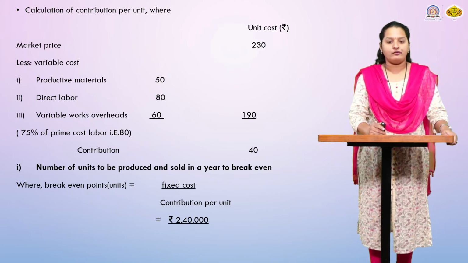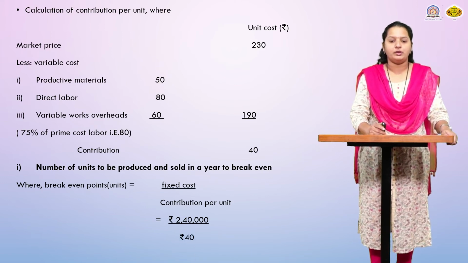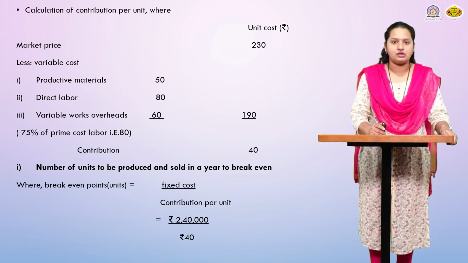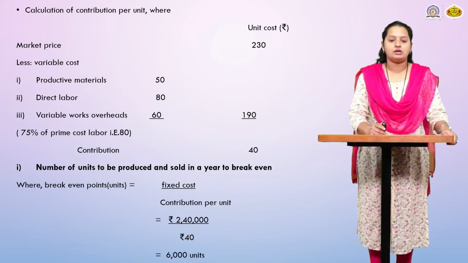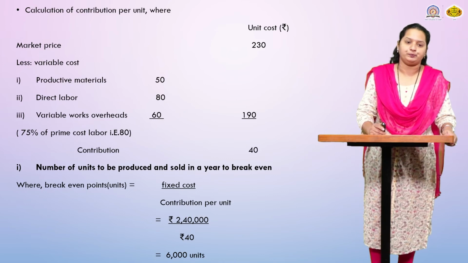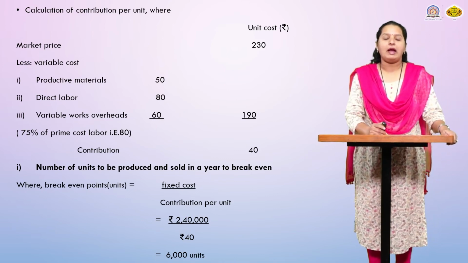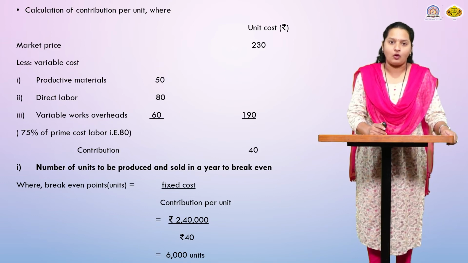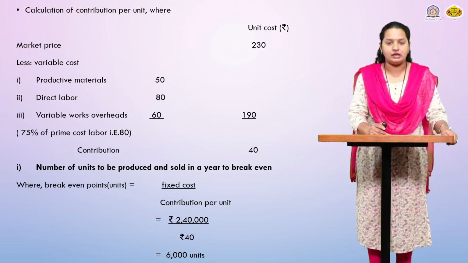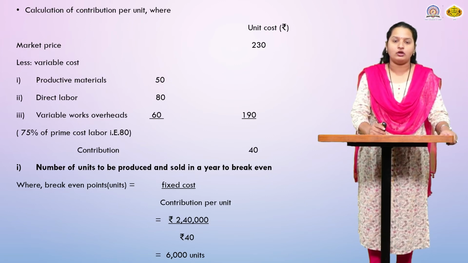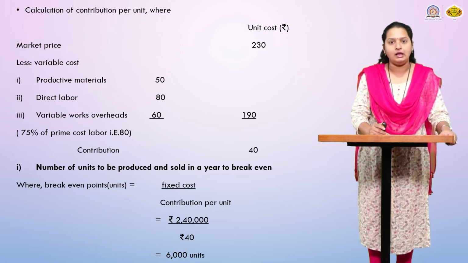So rupees 2,40,000 upon rupees 40. So our break-even point in units is equal to 6,000 units. First of all we calculated our contribution by deducting total variable cost from the selling price, and we put this contribution per unit into the formula, and thereafter we got our BEP units.